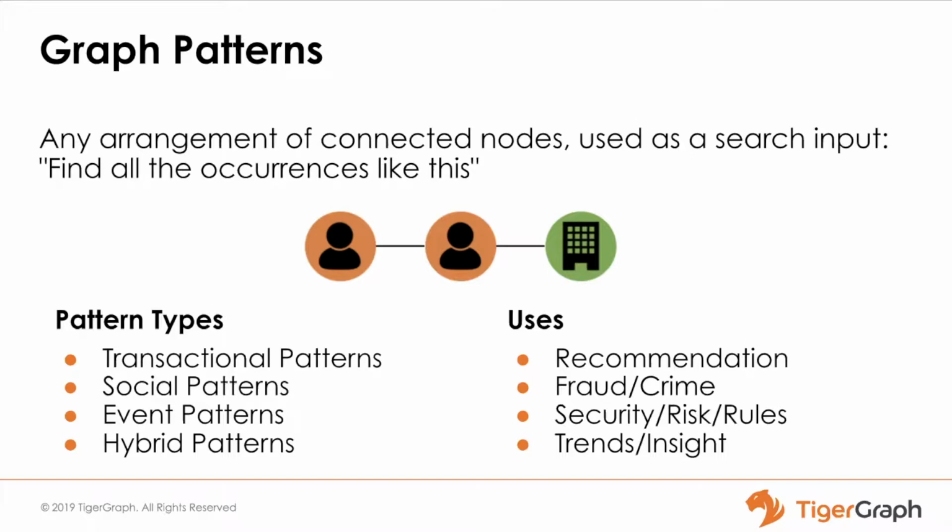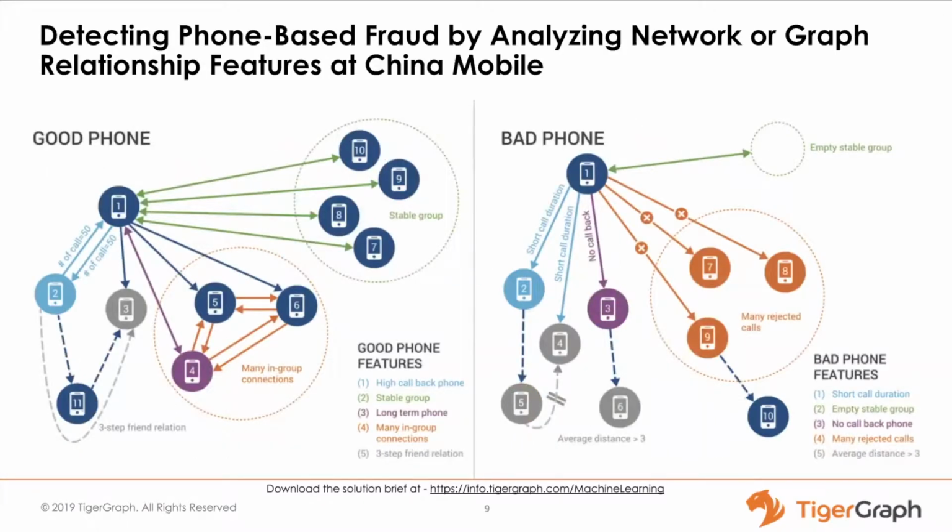So moving on, I'm going to give you one example, and then I'm going to switch over to Mingxi. This is a case we've talked about before, where TigerGraph has helped China Mobile do real-time, scalable anti-fraud detection. And that was built on pattern analysis. So we had to help them train their machine learning system.